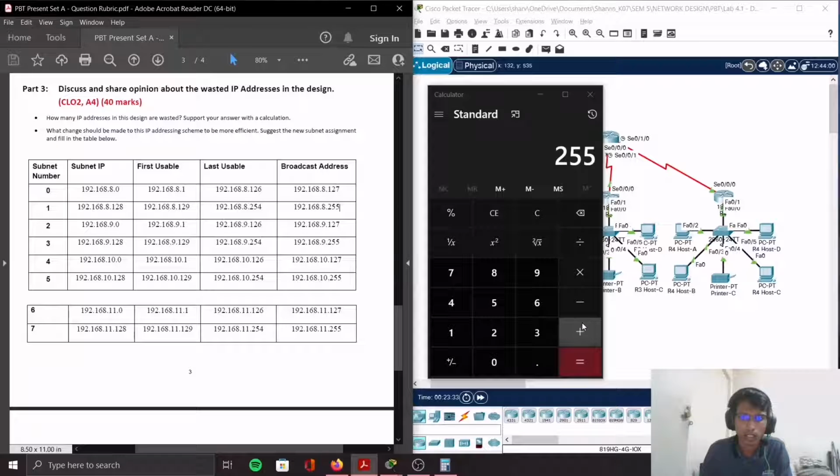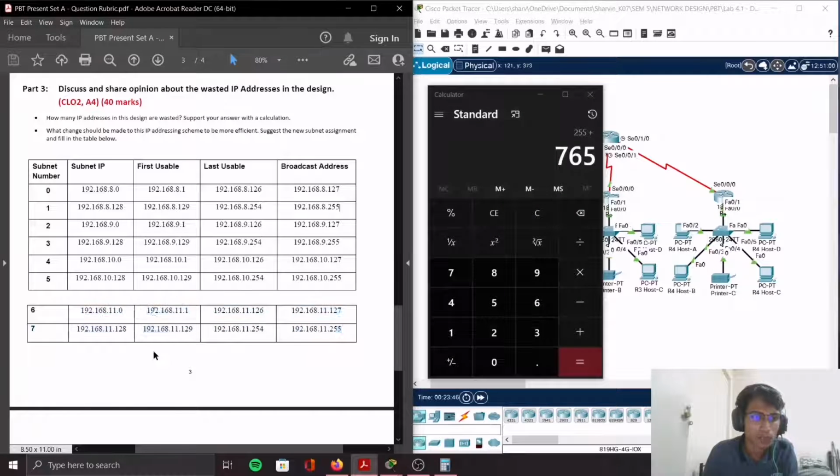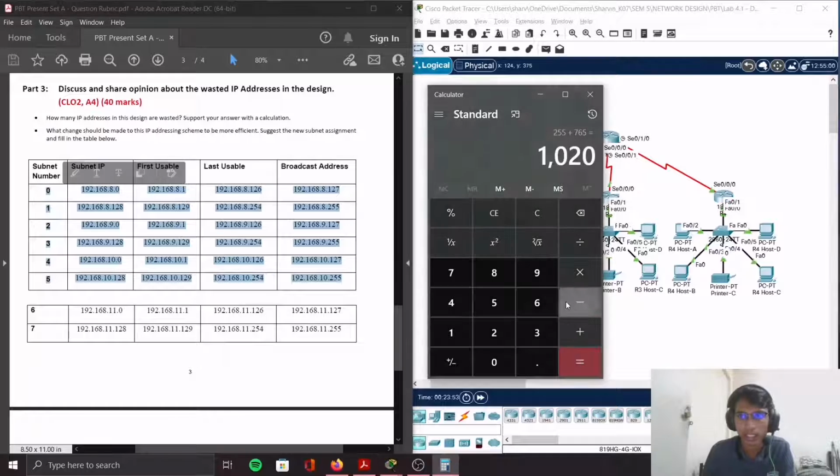So 255 for the new subnets that we created, plus the 765 IP addresses that we previously created.